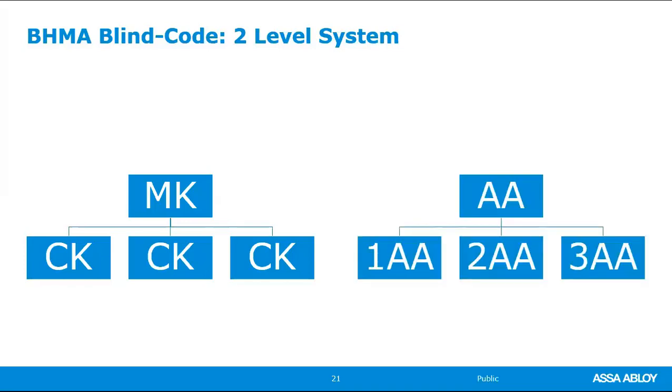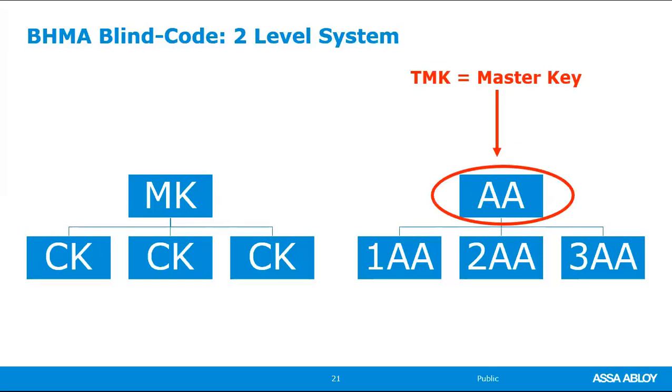Now, if you'll notice, a 2-level system is the numbers come before the letters on the change keys. The master key is denoted by 2 letters, in this case, AA. And since this is a 2-level system, the master key is your top master key.